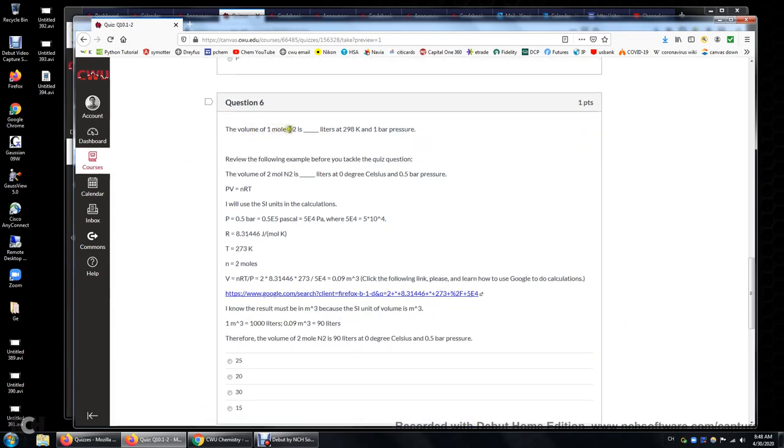The volume of 1 mole O2 is how many liters? Actually, the volume of 1 mole of almost any gas is roughly 25 liters at room temperature and 1 bar pressure. What you need to do is just use PV equals nRT and plug in numbers.